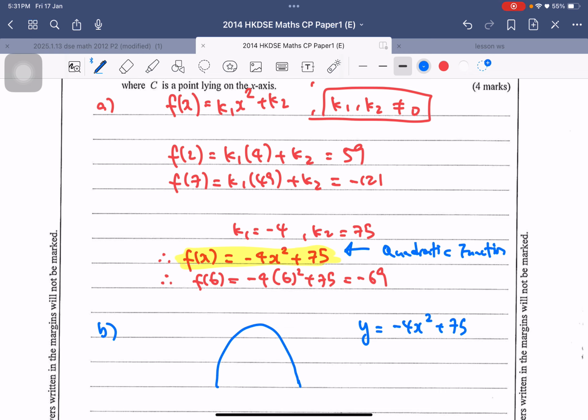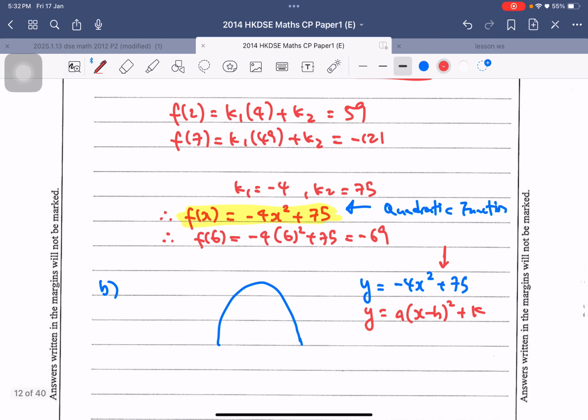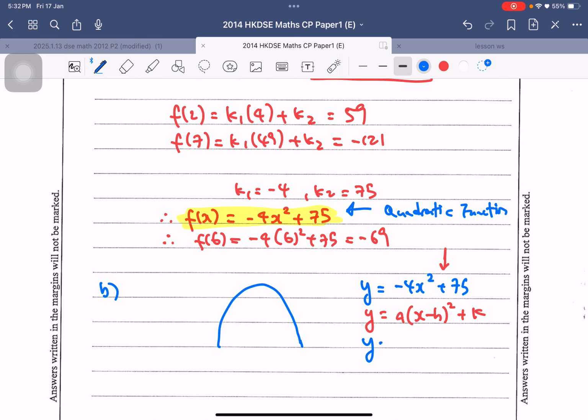What is the vertex form? Do we really need to do it? The vertex form is y is equal to a(x minus h) squared plus k. Do we have the middle term? No. Which means I can just write it as y is equal to negative 4 times (x minus 0) squared plus 75. So what's the vertex?